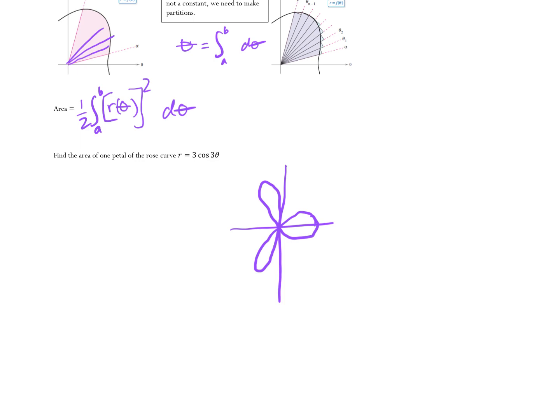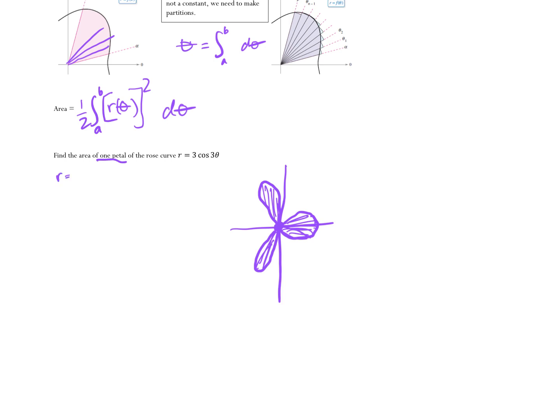So if we want to do one petal, what we want to be thinking about is essentially this area, or we could do this area. And what we have to ask ourselves is, if we're only doing one petal, what do we know about the boundaries of the angles of those petals?